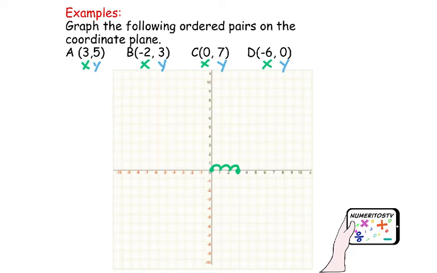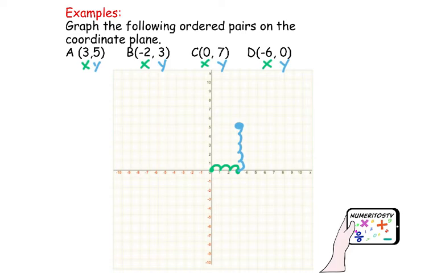Now from there, I am going to do now my vertical movement. That is 5 positive. So from there, I'm going to jump 5 units up because it's positive. 1, 2, 3, 4, 5. And my point or my ordered pair is going to be there.